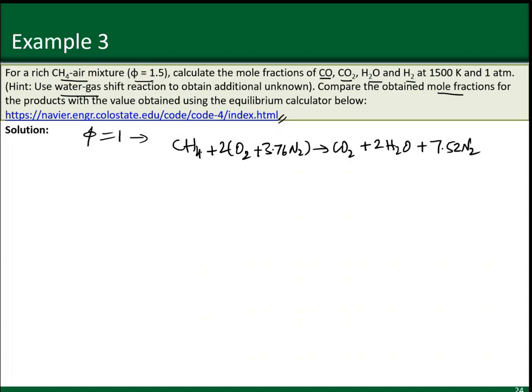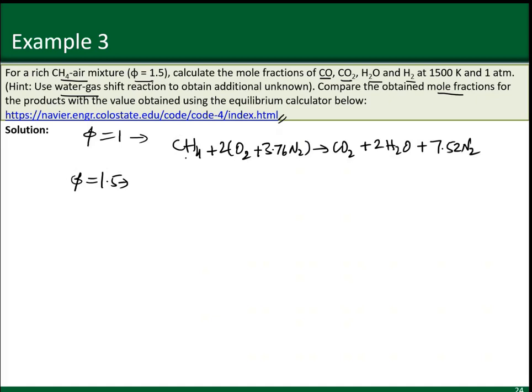Okay. Now, if it was for a complete combustion and equivalence ratio of 1, we would not bother doing any calculation, right? We know what the equation looks like. But here we're dealing with an equivalence ratio of 1.5, and we know in reality there's going to be some dissociation, right? So we are expecting many more products than just CO2 and H2O. We are expecting CO, we are expecting H2, and we want to understand what would be their mole fraction.